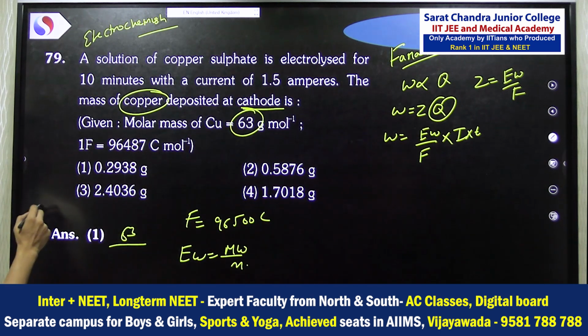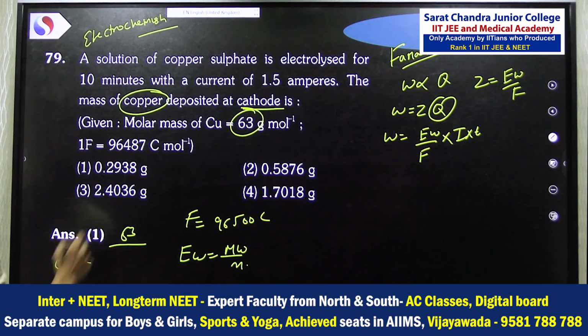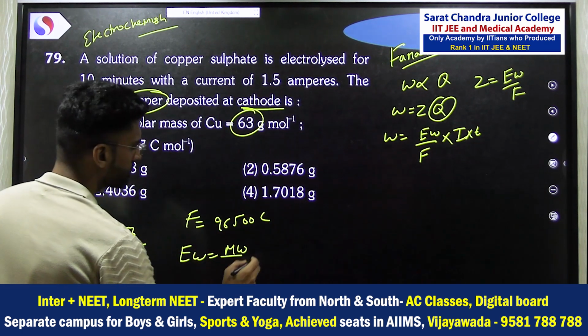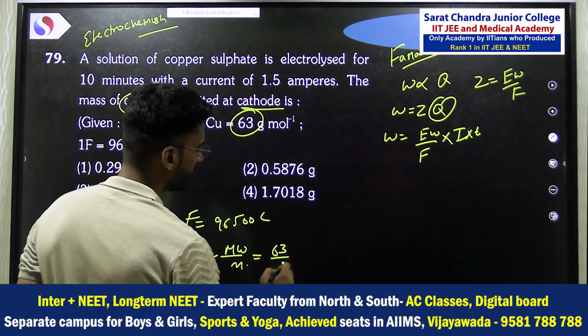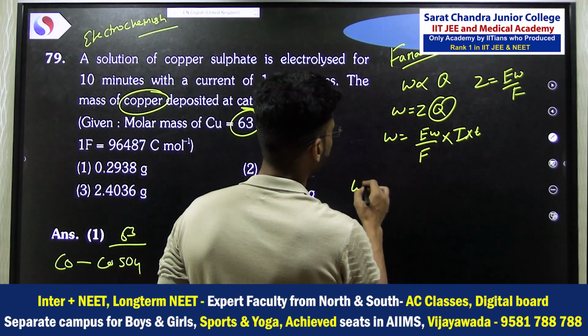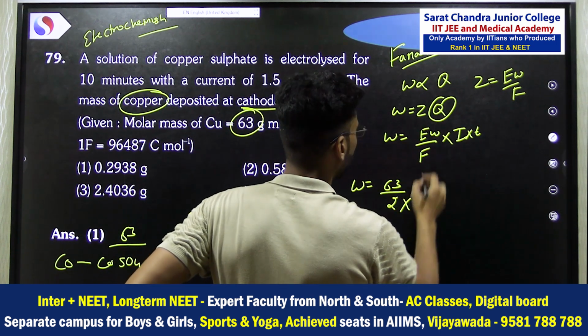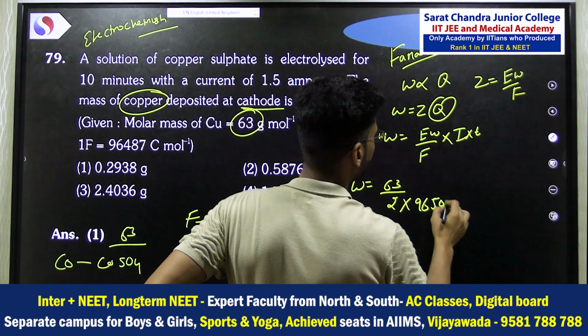So for copper sulfate, CuSO4, the n factor will be equal to 2. So 63 divided by 2. W is equal to 63 divided by 2 into the F value 96500.